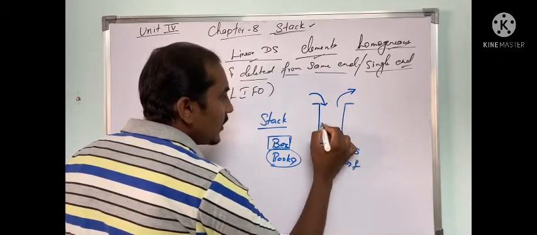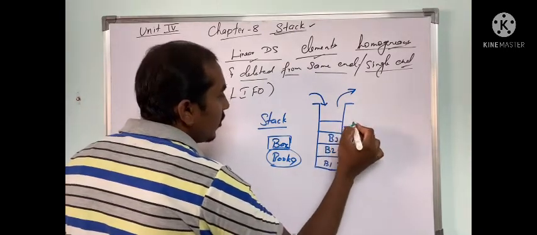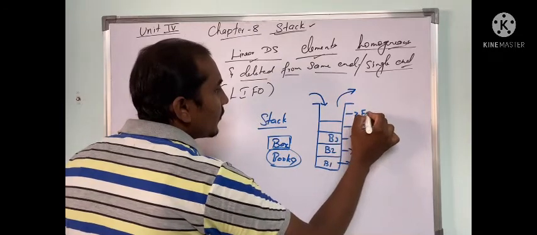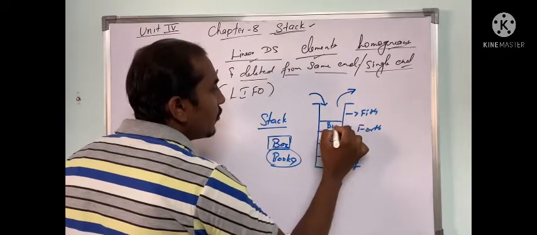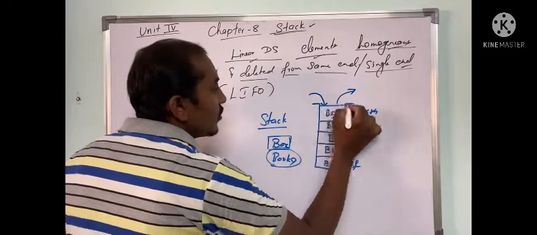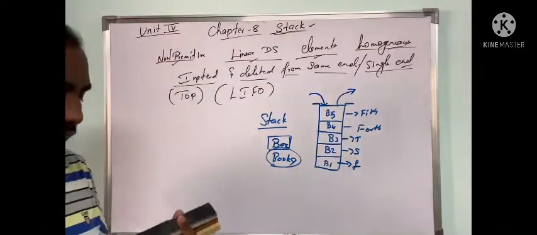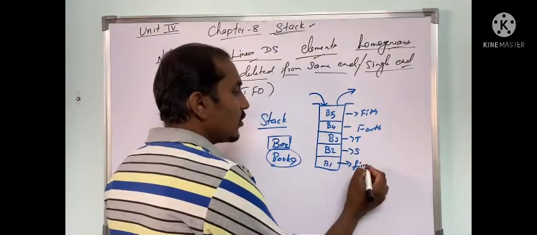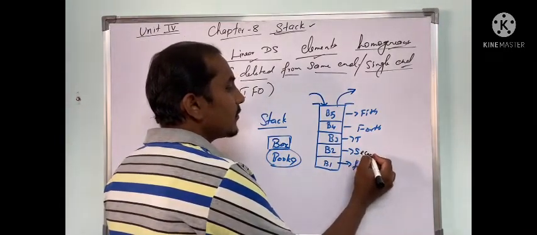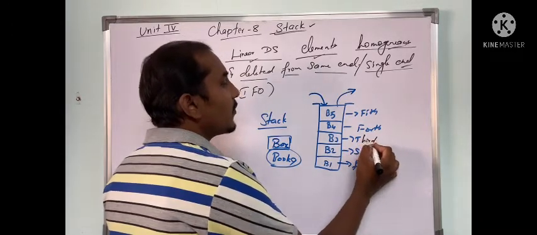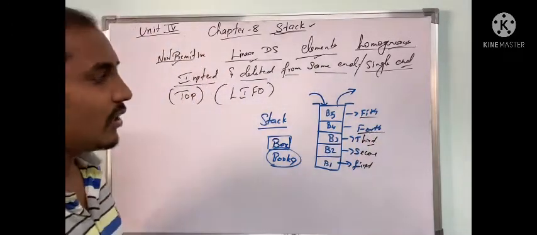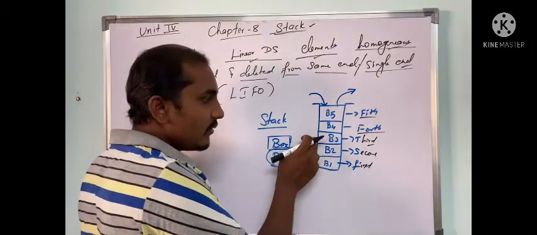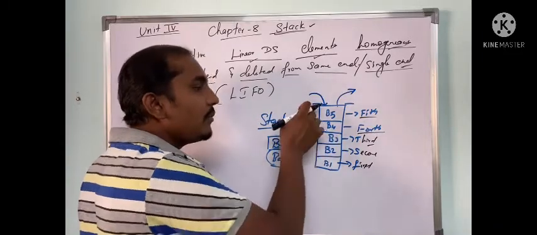Book 3 will be the third element, then the fourth book, and the fifth book. I'll write B4 and B5. So we have added 5 books: first, second, third, fourth and fifth. The first element added was B1, B2 second, B3 third, then B4 and B5.